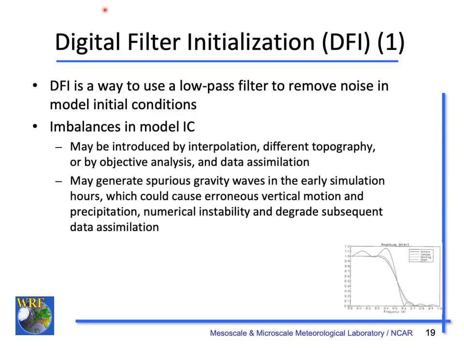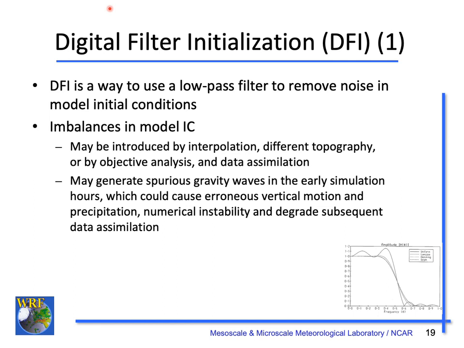The imbalance can be introduced into the model by using data from a different model, by interpolation, both horizontal and vertical, and by introducing a terrain that is different and typically has higher resolution than where the atmospheric data is produced. It can also be introduced by objective analysis and data assimilation if those steps are used to prepare the model's initial conditions.